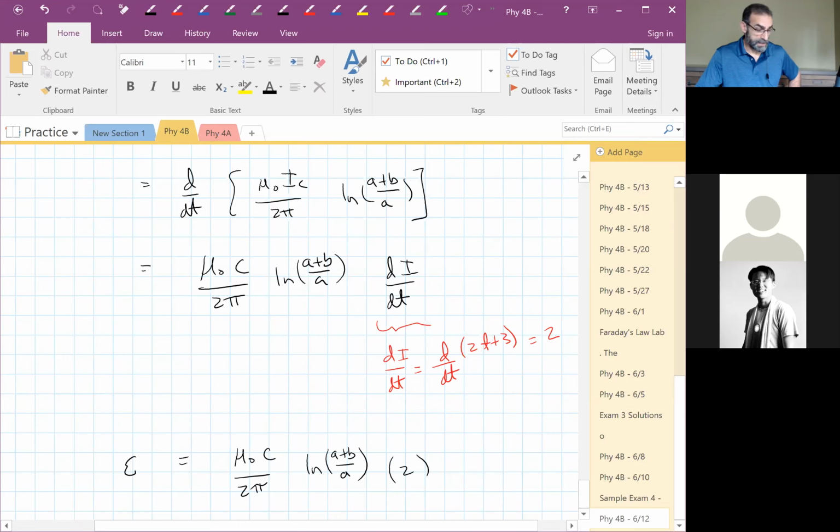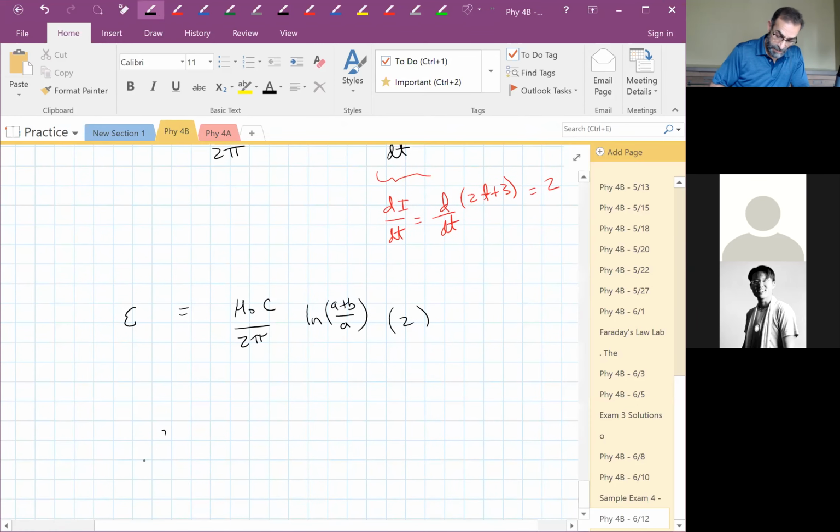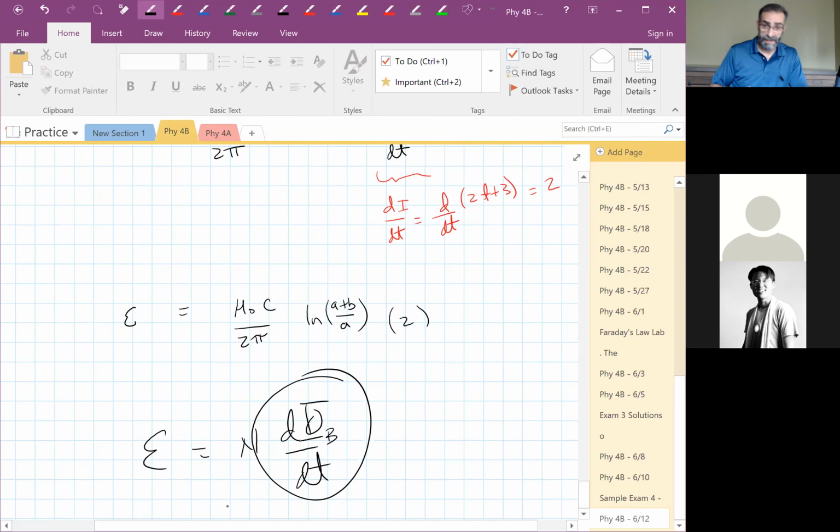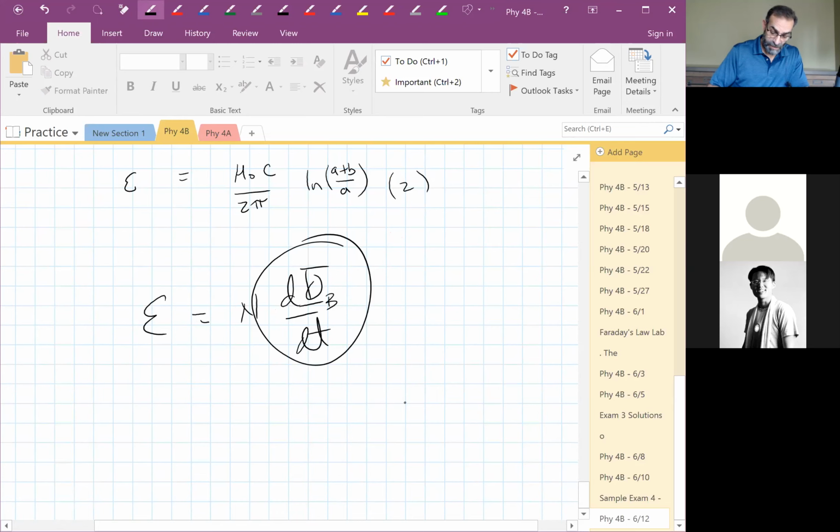Good stuff. So that should give you a lot to think about this weekend. Practice with these different things changing. So remember, a changing flux is what is causing this. Flux is the integral of B dot dA.